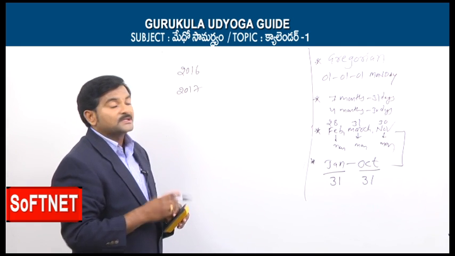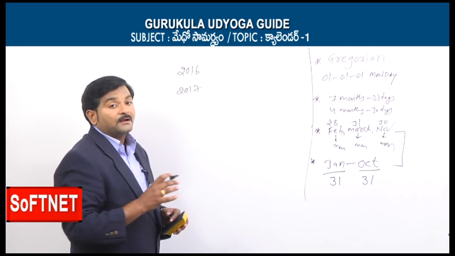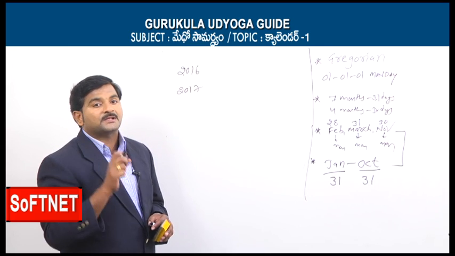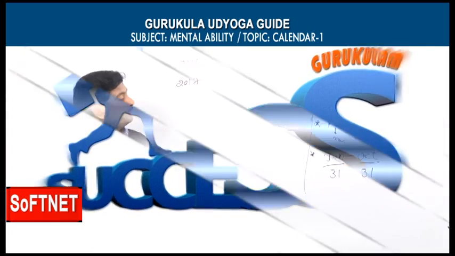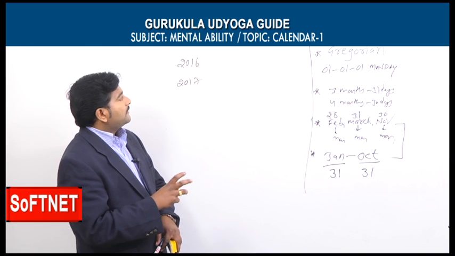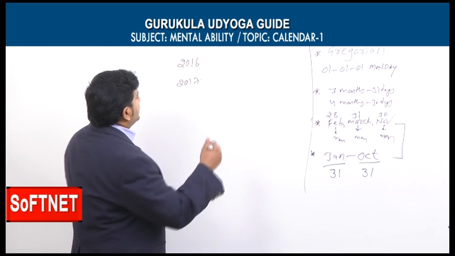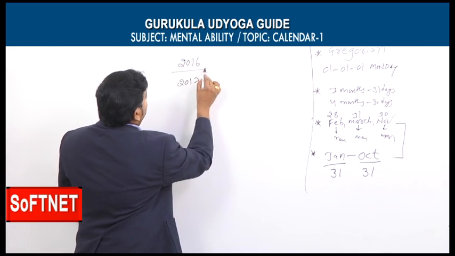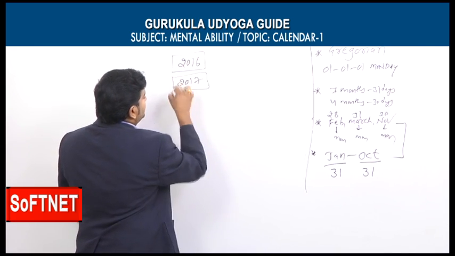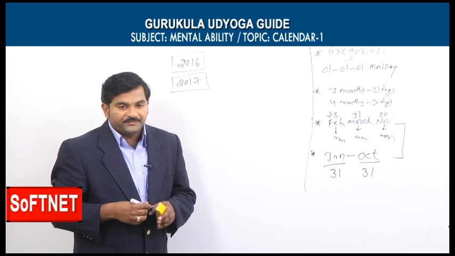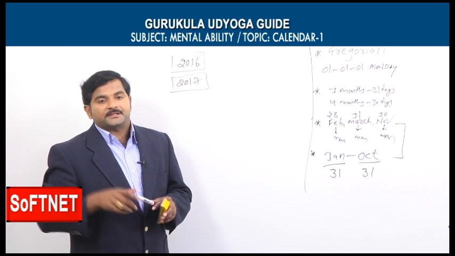These are the 2 years, and these 2 are non-century years. Now we are discussing which year is leap year and which year is non-leap year. For example, let's focus on 2016 and 2017.